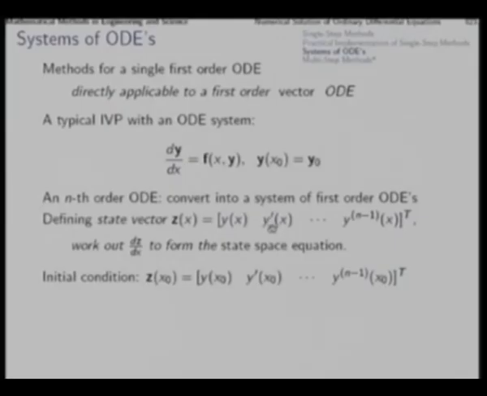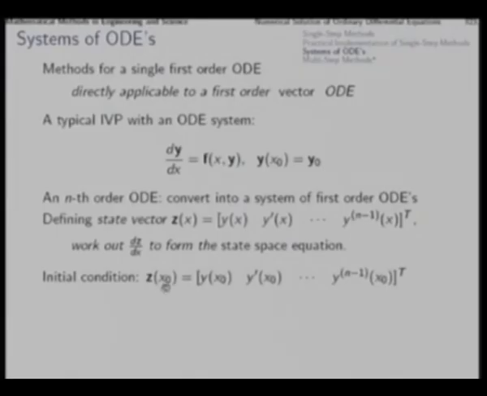That means dz2 by dx will be y double prime, which will be the next entry, that is z3. That means from here to here, except the last one, z1 prime will be z2, z2 prime will be z3, and so on till z n minus 1 prime will be z n. Z n prime will be the nth derivative of y, and that you get from the differential equation.